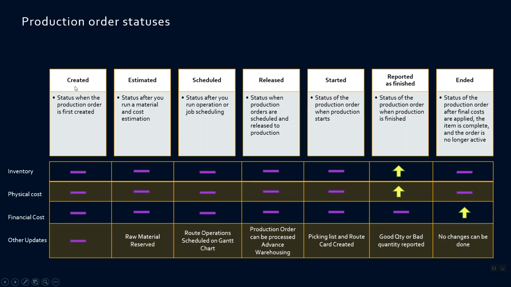You can see that when you create, there are no rights. The hash which you can see means you do not have any rights. When you estimate, your costing of the material is calculated and you can see a brief breakup of what material at what cost will be consumed, and all the raw material will get reserved at this stage.